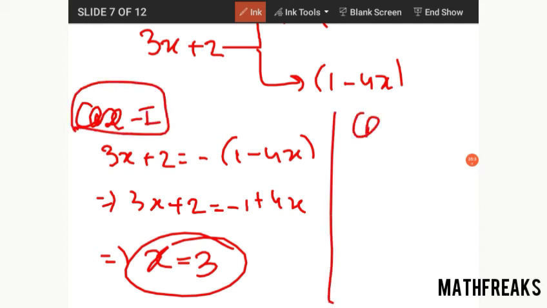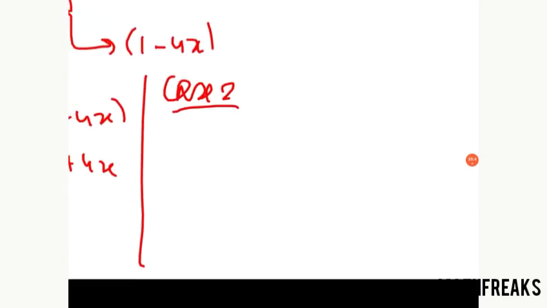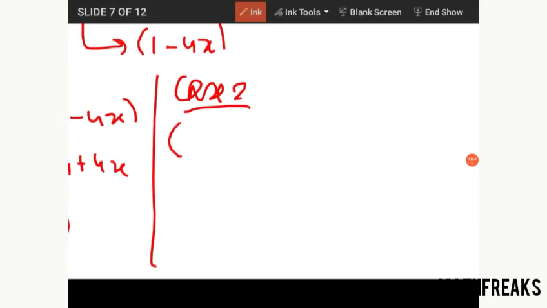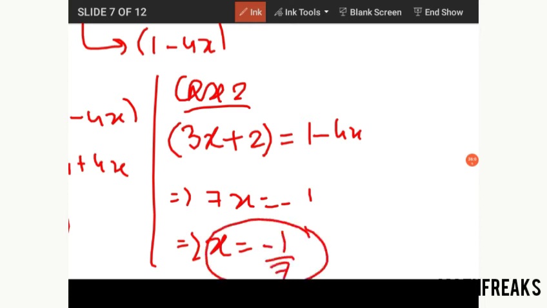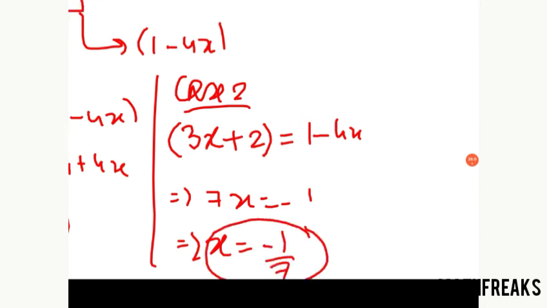And for case 2, we have 3x plus 2, right, is equal to 1 minus 4x, or we have 7x is equal to minus 1. We have x is equal to minus 1. So we have got two solutions from the two cases.